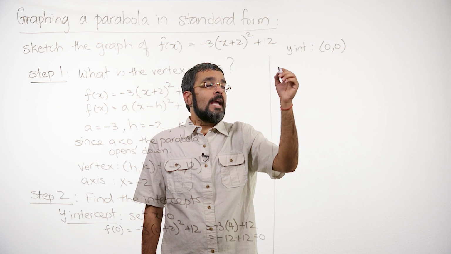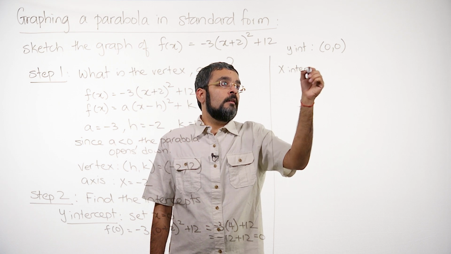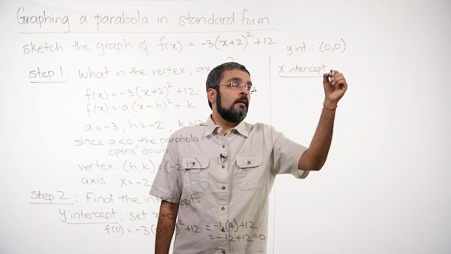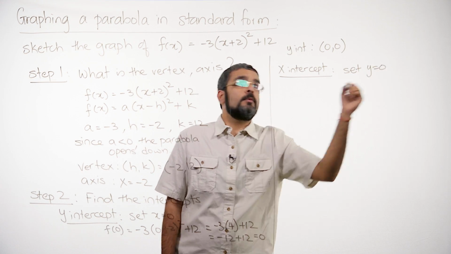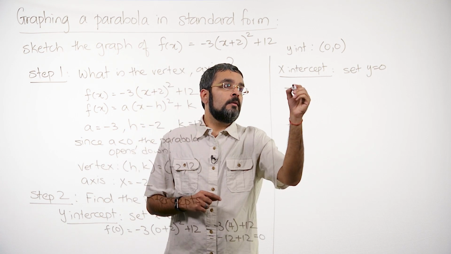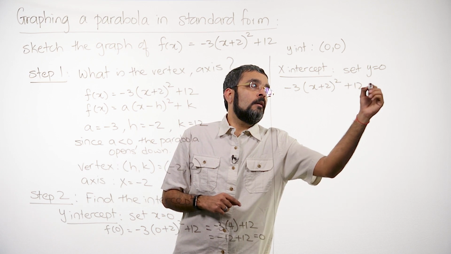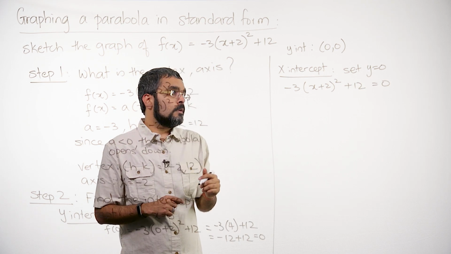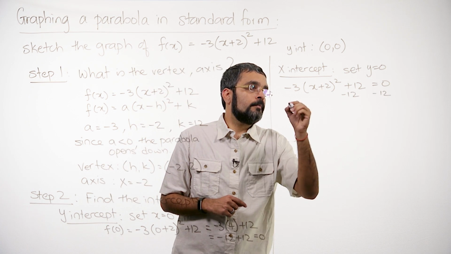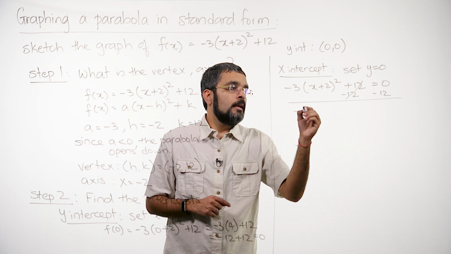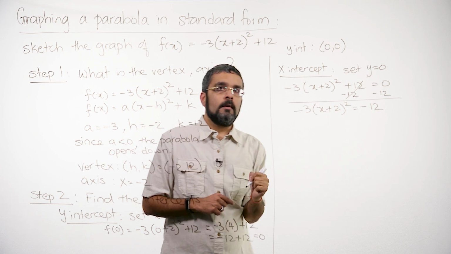So let's figure out what the x-intercepts are. I'm going to set y equal to 0, so basically I'm setting my function equal to 0. First I have to subtract the 12 on both sides, so I get negative 3 (x plus 2) squared equals negative 12.